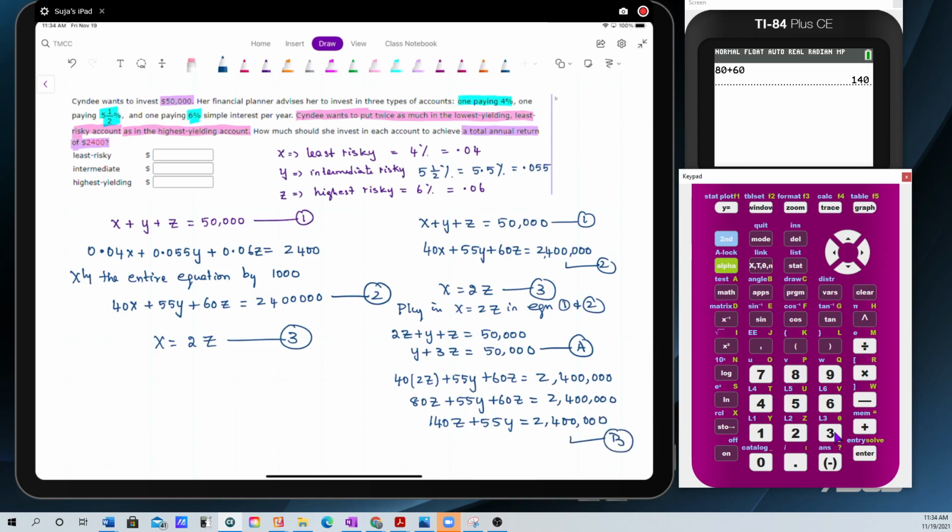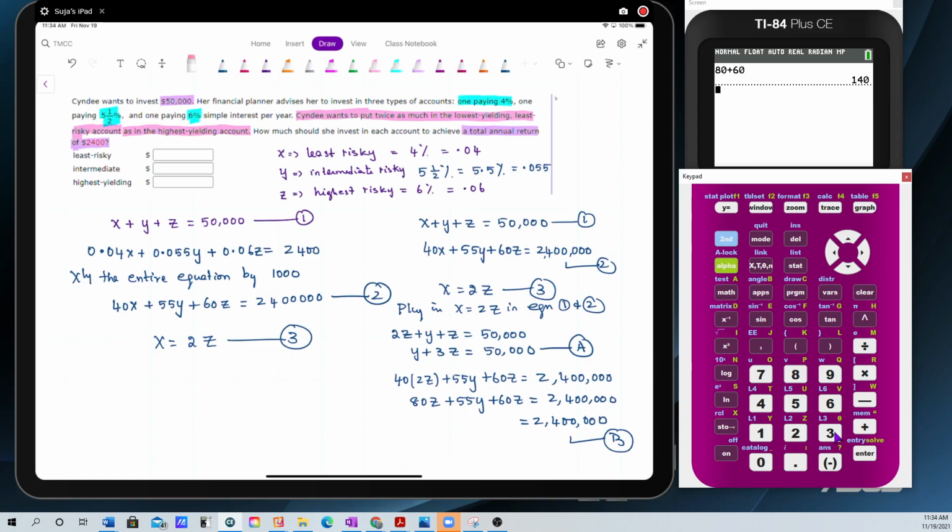Now for the rest, I'm going to deal with my equations A and B. So what I'm going to do is multiply. We can get rid of either the Y or the Z. Let me write this the other way around: 55Y plus 140Z.